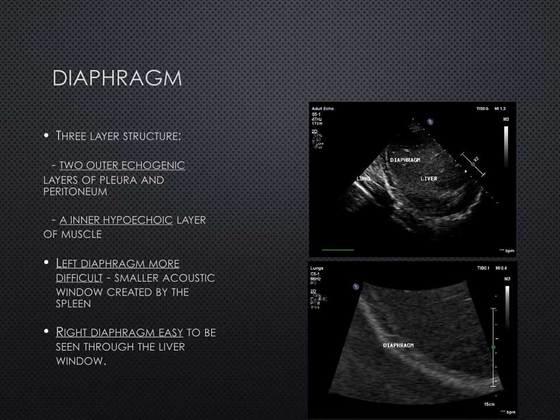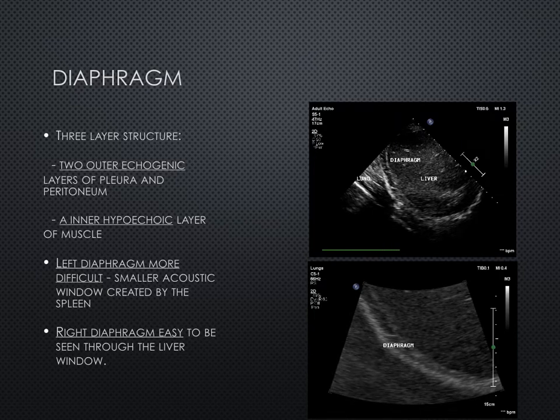Within that diaphragm itself, if you were to focus in and zoom in on just visualizing the diaphragm, you might see that there is a more hypoechoic, so it's less bright, layer of muscle between the two layers of the pleura and the peritoneum.